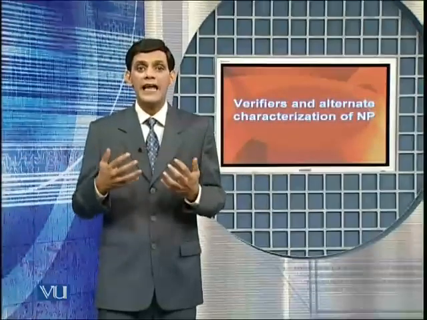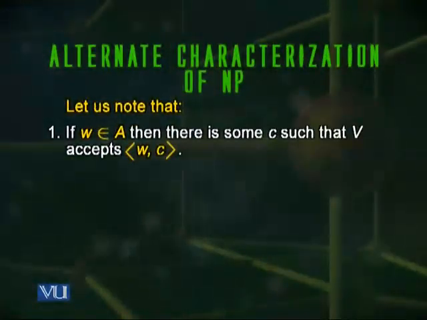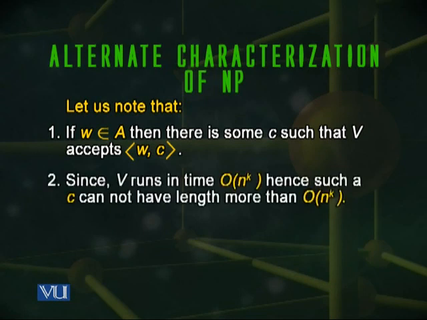So this is a non-deterministic Turing machine, and it clearly accepts the same language as A, because we note that if a string W is in A, then there is some certificate such that V accepts W, C, because V is a verification algorithm for A. Furthermore, since V runs in time n to the k, such a certificate cannot have length more than n to the k.